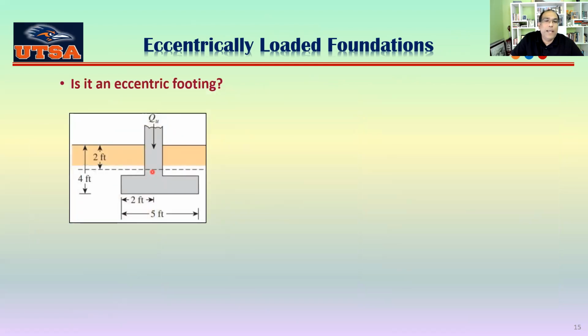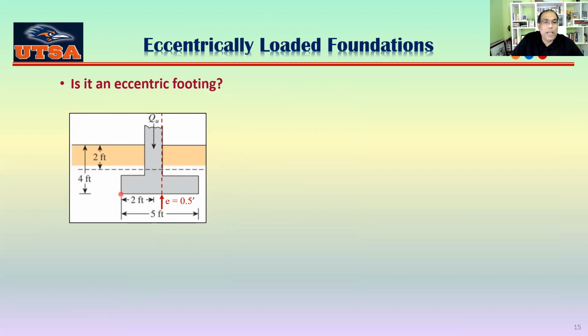Now, let's check what we understand about the eccentricity here. This is an eccentric footing. Okay, so you can see this load is just working at the middle of the column, but the column is not at the middle of the footing. So if you see here, this is basically the center of the reaction, because this is total 5 feet.